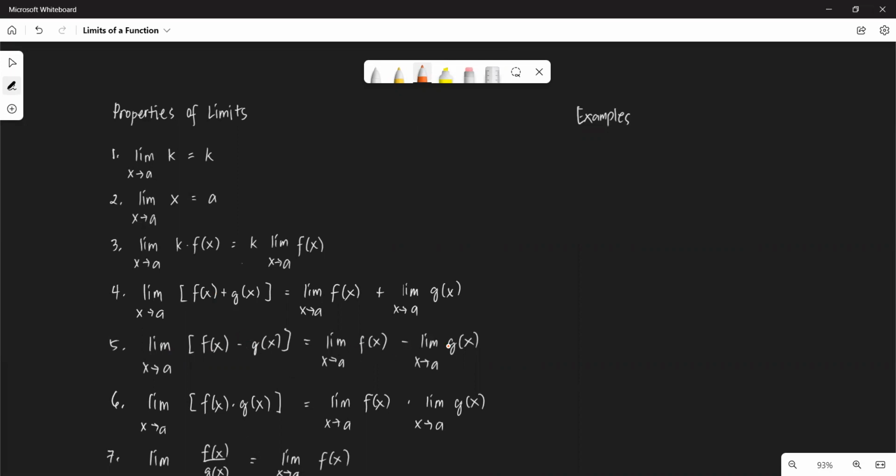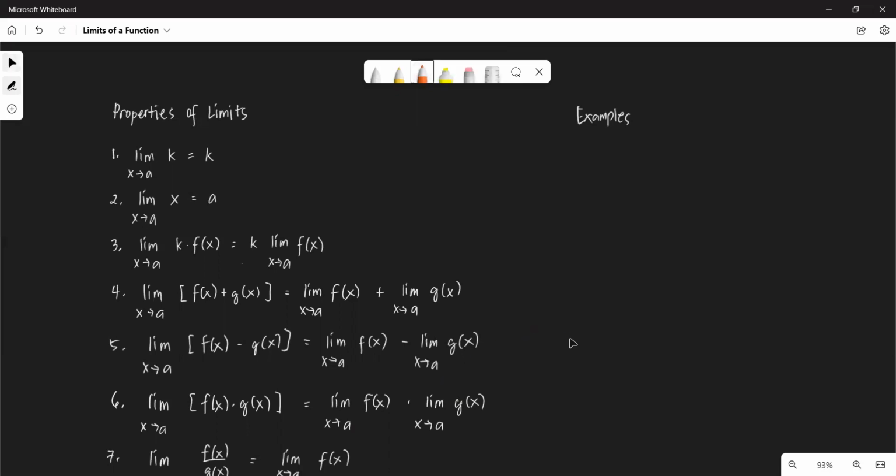So do the same thing, just replace the plus sign with the minus sign. So get the limit of each function and proceed to subtraction. So number 6, we have a product of two functions and we get the limit as x approaches a. So we get the limit of each function and then multiply them.